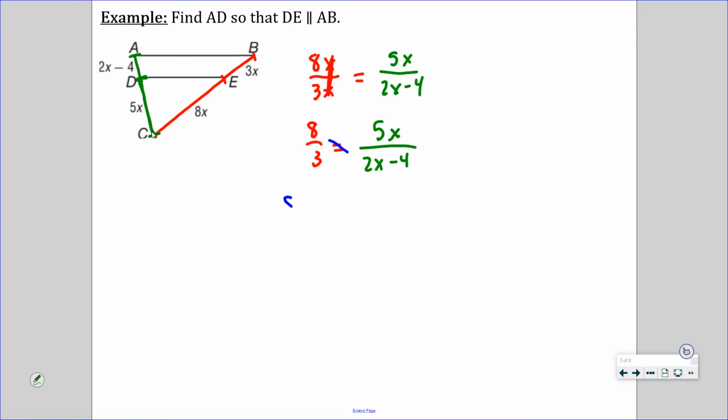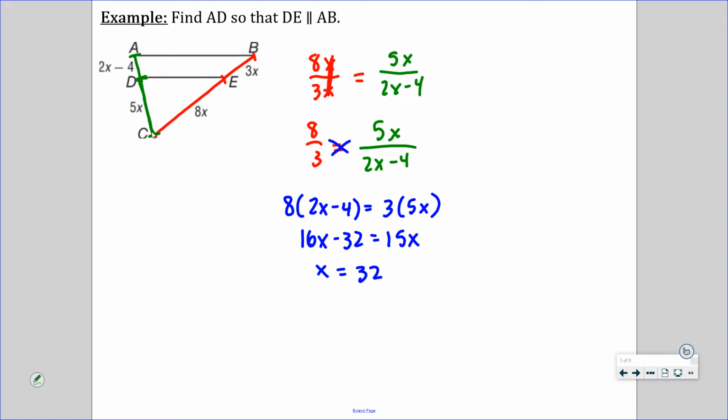Okie-doke. 8 times 2x minus 4 equals 3 times 5x. 16x minus 32 equals 15x. I'm a fast cross multiplier. I'm going to move the 15 over here and get 16 minus 15 is 1, and I'm going to move the 32 over as well.